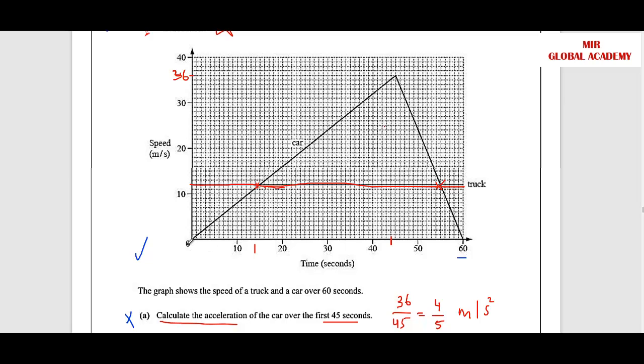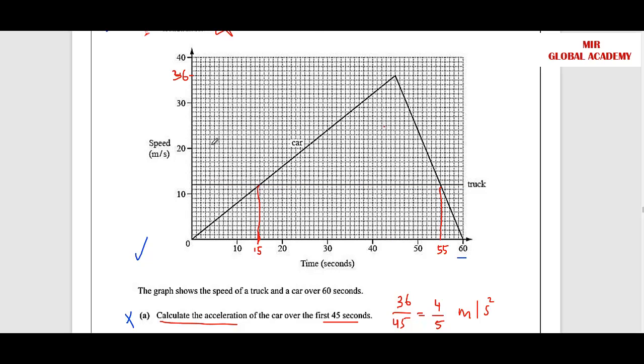So in this portion of the journey, the speed of the car is less than the speed of the truck. But after this point, the speed of the car is greater than the speed of the truck, and it remains greater up till this point.